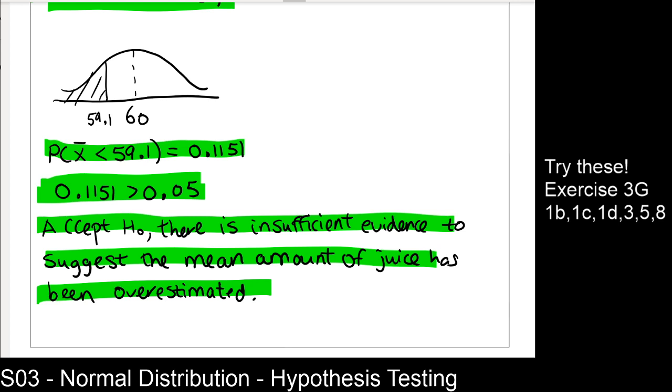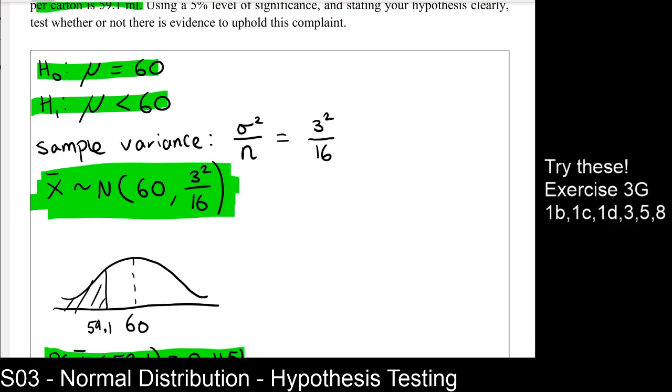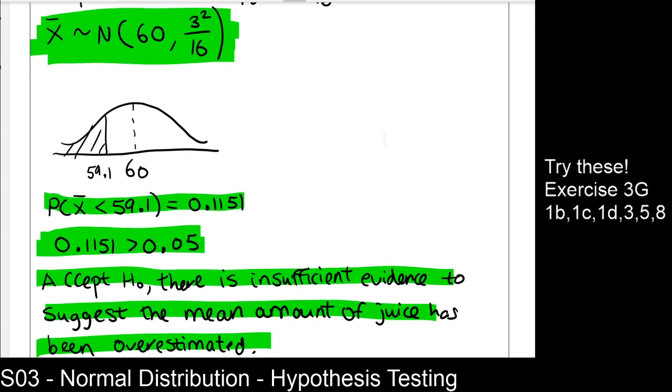Right, so I'm just going to recap what we do. Firstly, we need to always put our hypotheses. The null hypothesis is the mean is 60. The alternative hypothesis is that the mean would be less than 60. Write down your distribution. So we've got a mean of 60, and for the sample variance we need to divide by n, the number in our sample.